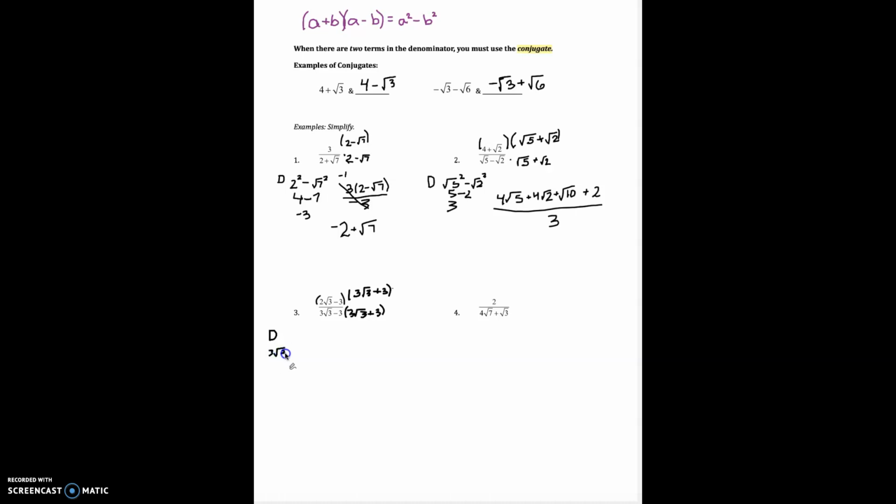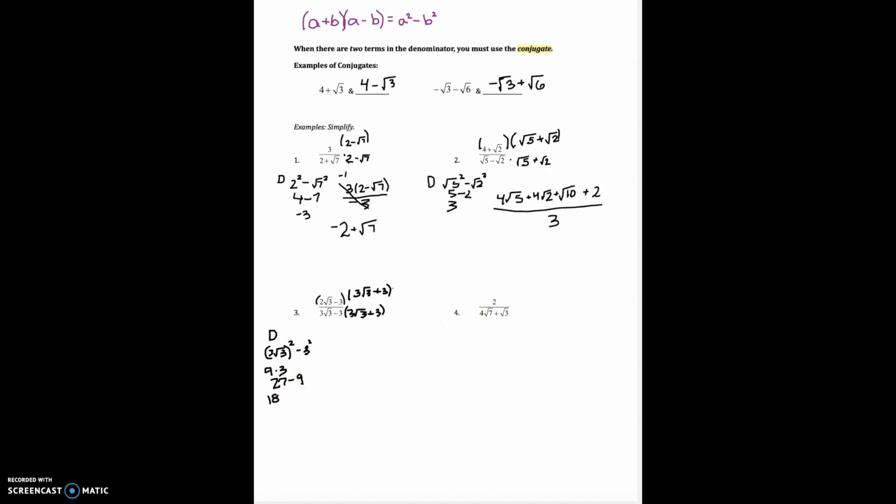And that's where some people make a mistake: they forget to square both the 3 and the root 3. So I need to square 3, which is 9, and then root 3 squared will be 3. So I'm going to get 27, and then minus 9. So that's 18 for our denominator.